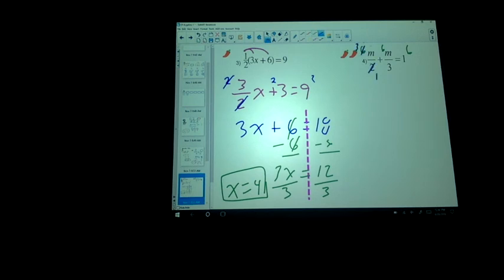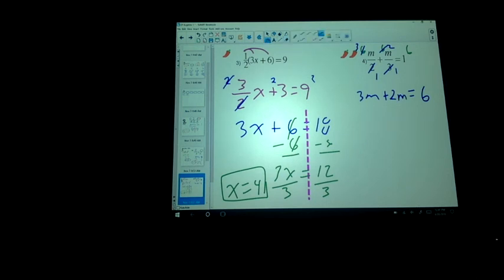So what do I have on this first term? 3m. Good. This is going to go in there twice. So what do I have on the second term? Plus 2m. And then 1 times 6 is 6, right?